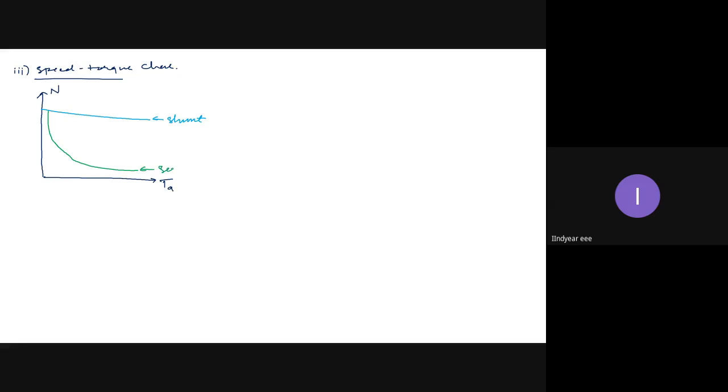This is in series, where speed will be greater than shunt field motor in differential, and it will be lesser than shunt field in cumulative.